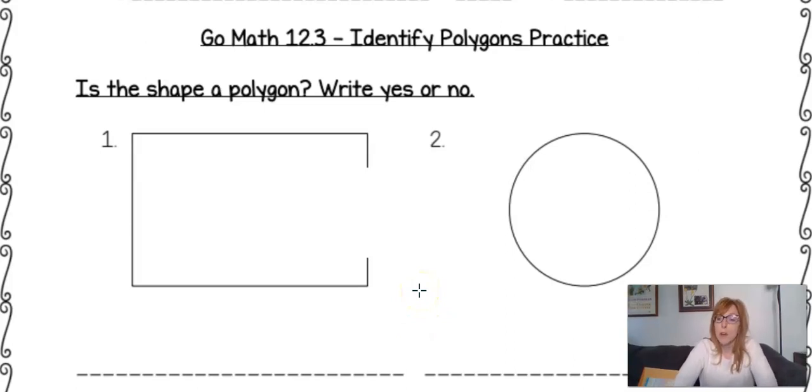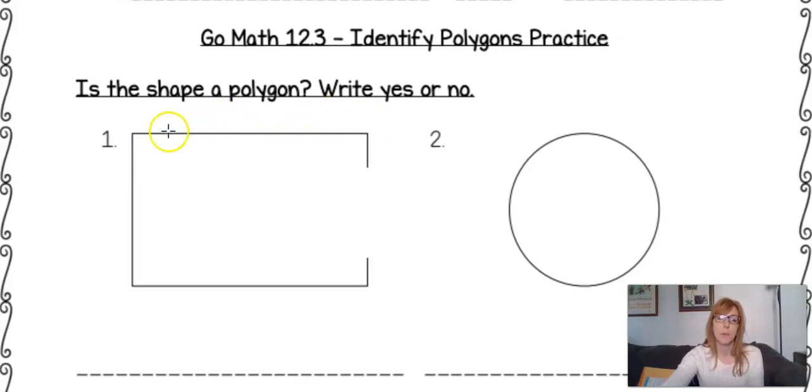12.3, hopefully you still have your piece of paper and your pencil, and it says identifying polygons. So is the shape a polygon, yes or no? All right, so you want to think to yourself, what is the answer to 1 and 2?